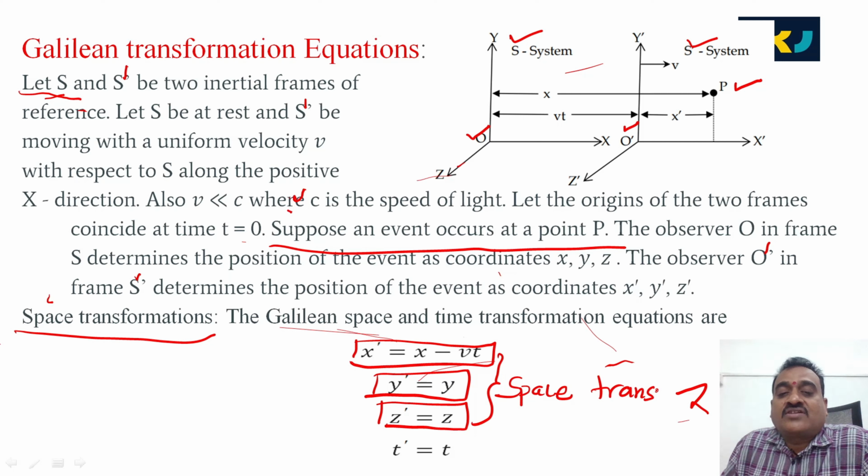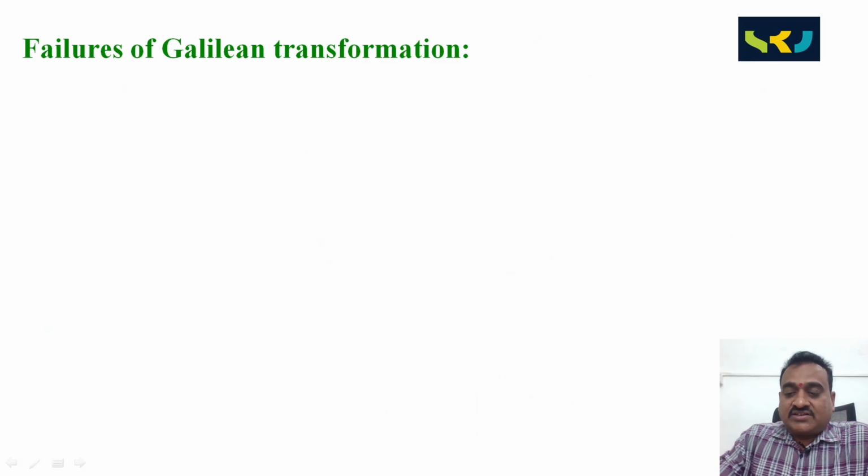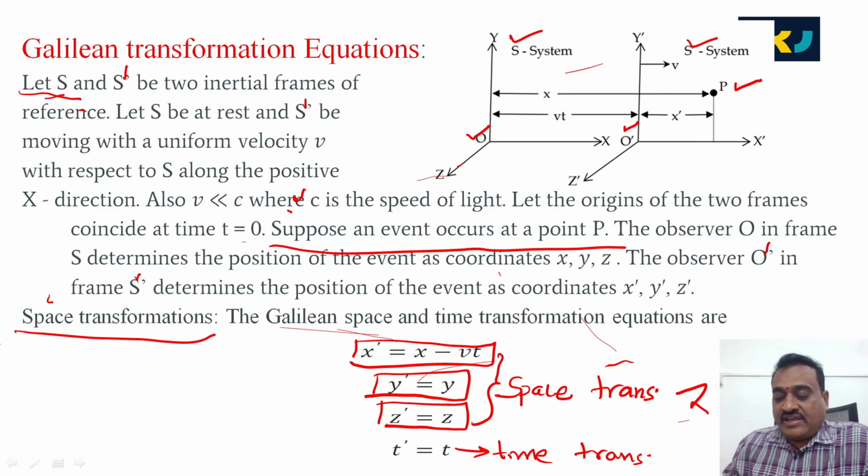These are the space transformation equations. But t dash is equal to t is the time transformation equation. These are the Galilean transformation equations.